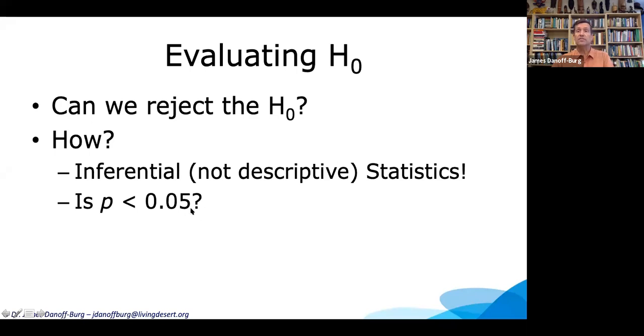So 5% of the time or less, we would find a significant difference by chance, meaning 95% of the time or greater, we are going to expect a real difference there that is based on fact. And it is because of the thing that we're trying to test, right? So if we can reject the null hypothesis, we can then move on to our alternative hypotheses, including our preferred hypothesis.